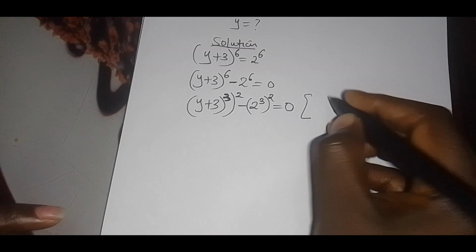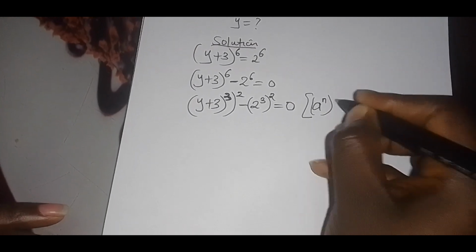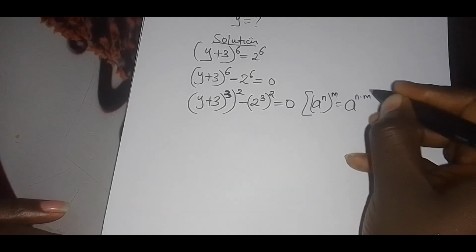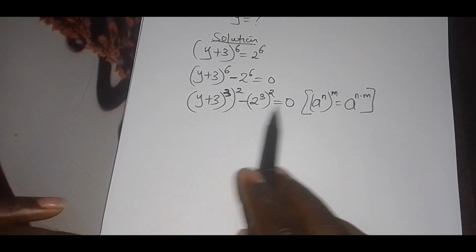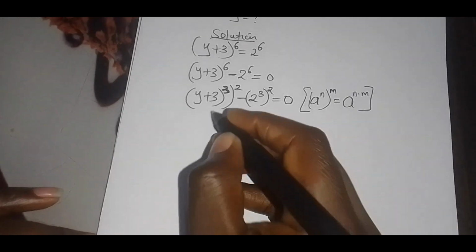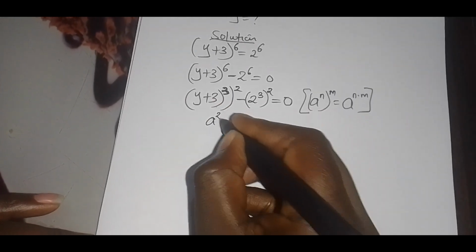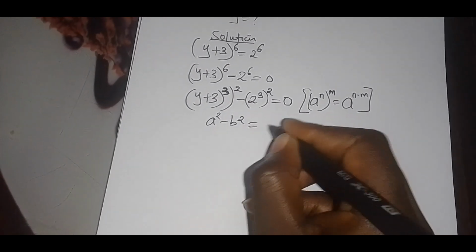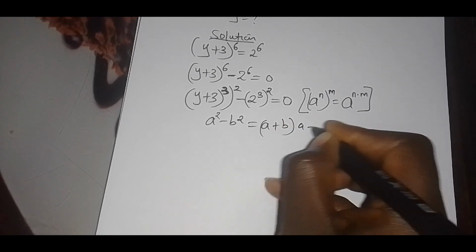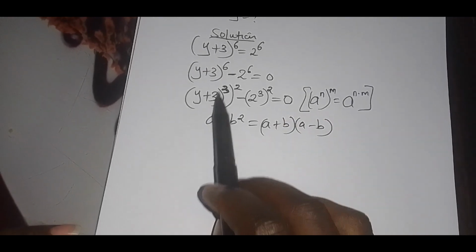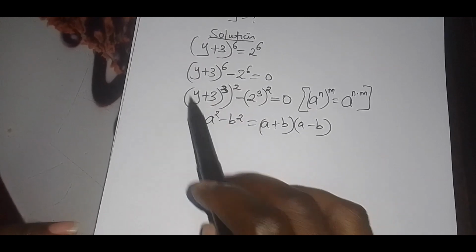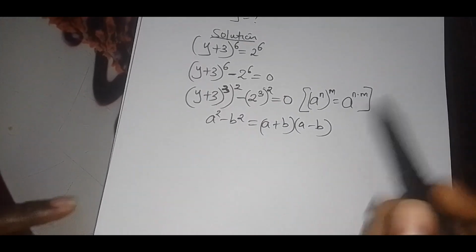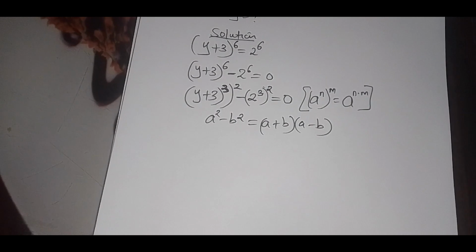Remember, when you apply this identity, a raised to power n multiplied by m can be expressed as a raised to power n multiplied by m. So if we express it this way, this is now the difference of two squares, a squared minus b squared, which is (a + b)(a - b).